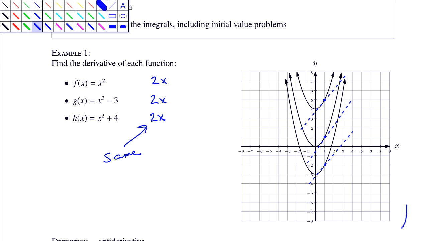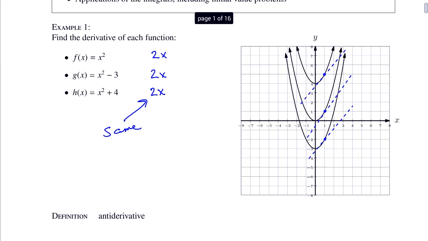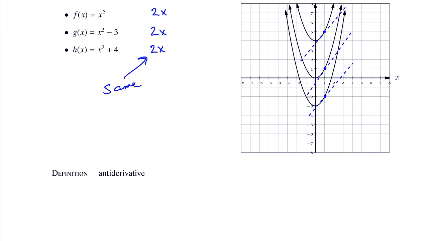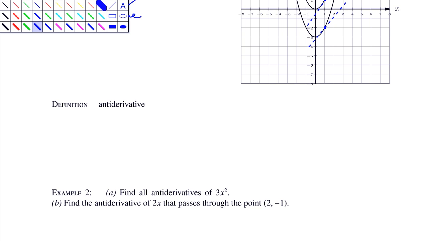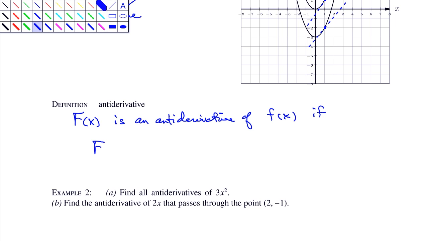So that leads us to the definition of antiderivative. What we say is this: big F is an antiderivative of little f of x if big F prime of x is equal to little f of x.